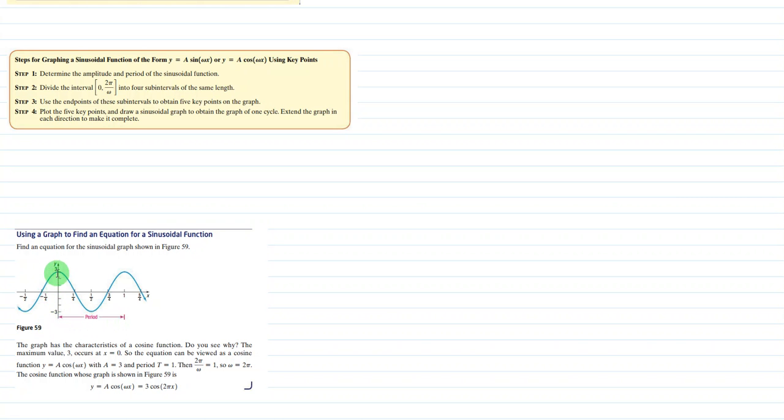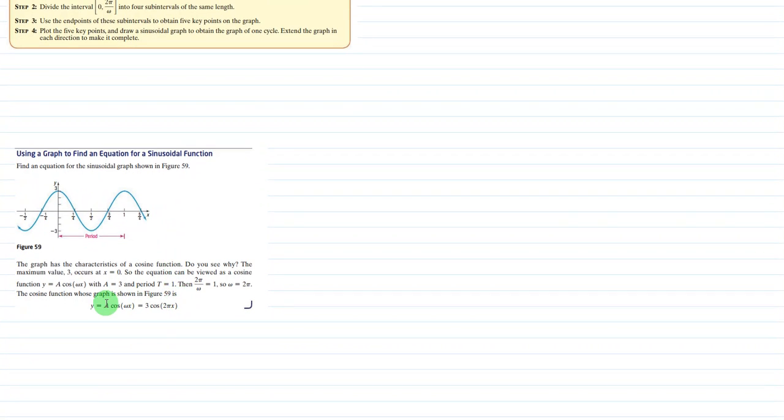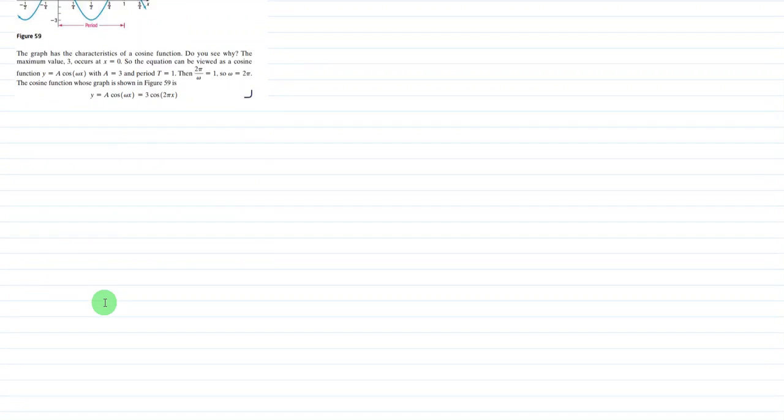And we would end up with the max there, the x-intercepts, a min there, and a max there. So you get those 5 points, 1, 2, 3, 4, 5. That would give you a really good sketch of the sine graph. It would work the same way with cosine.